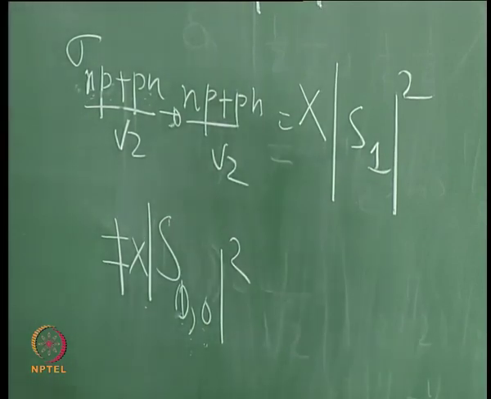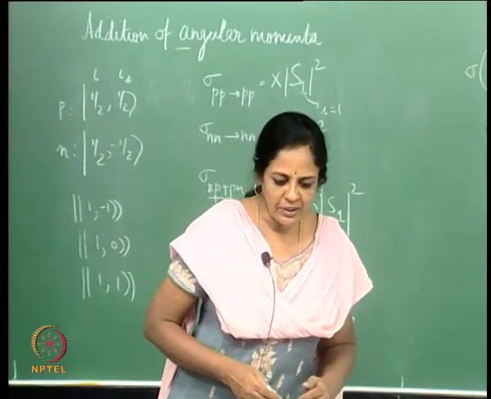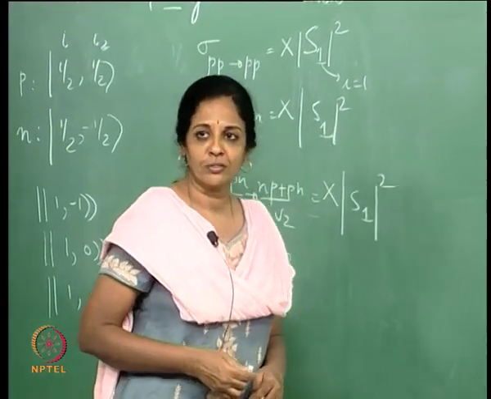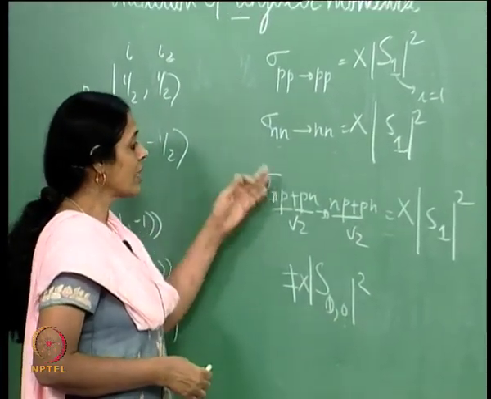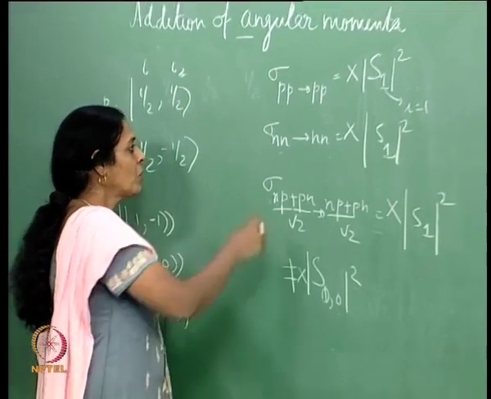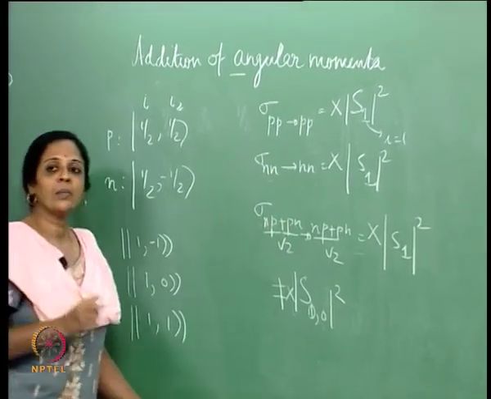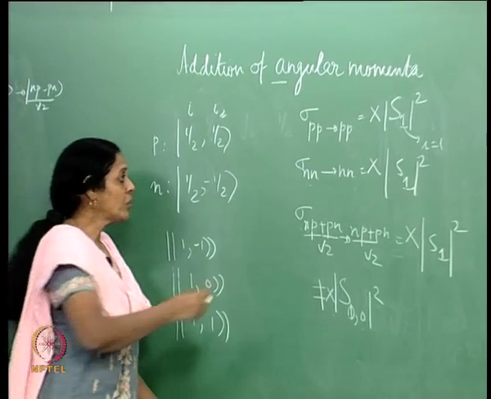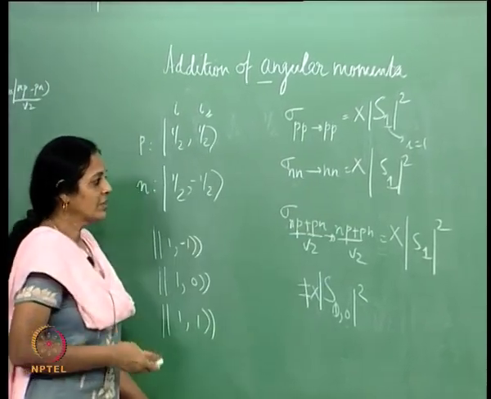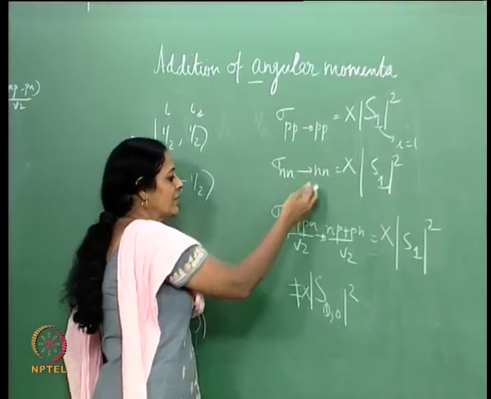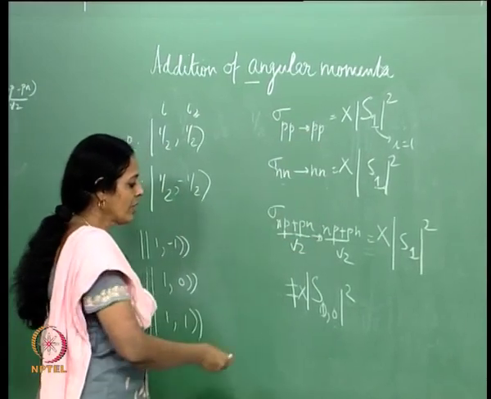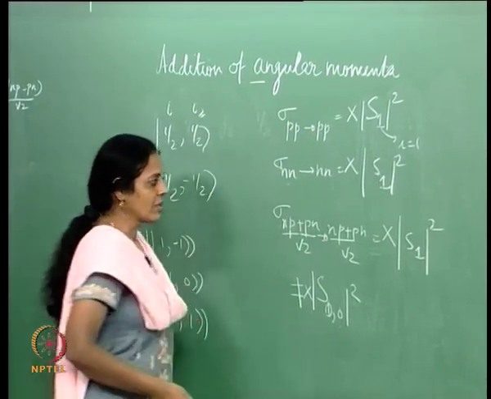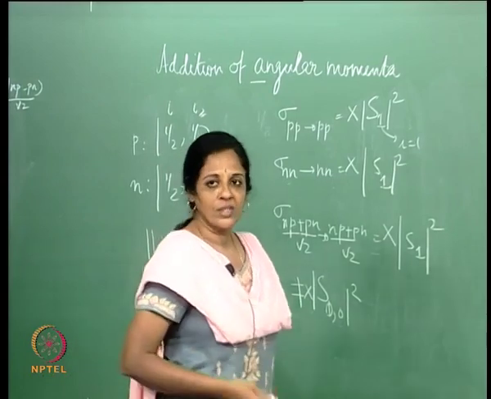This has been experimentally verified and goes under the name charge independence of nuclear forces. So, nuclear forces are charge independent provided we are talking about the same isospin state, I equals 1 or isotriplet. In the isotriplet state, I find that these cross sections are the same, and that is not the same as the cross section for the isosinglet going to itself.